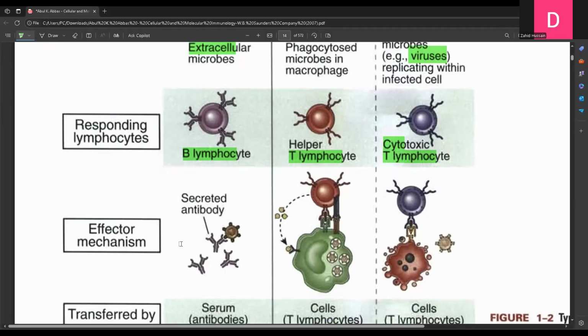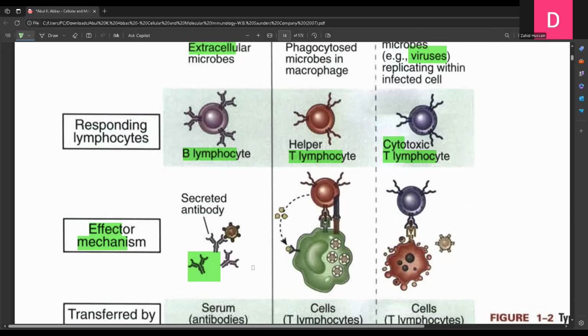Then we see effector mechanisms. In humoral immunity, antibodies secreted by plasma cells play an important role to neutralize those microbes and to inform the immune system, for example macrophages, helper cells and TC cells, that the threat is there and has to be eliminated.